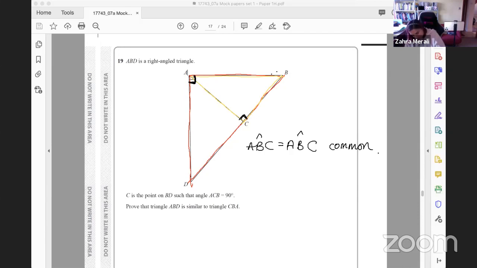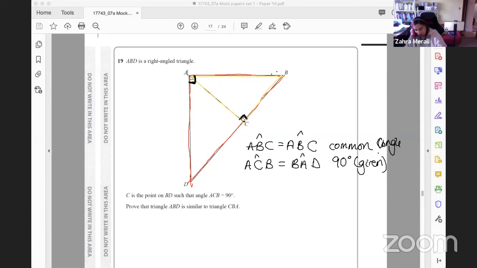Let's get these the right way around if I write these out properly. ACB equals BAD, and these are both 90 degrees. That's given, so that's a common angle, and we could have done the common side as well. But if we can find all three angles, that's perfect.